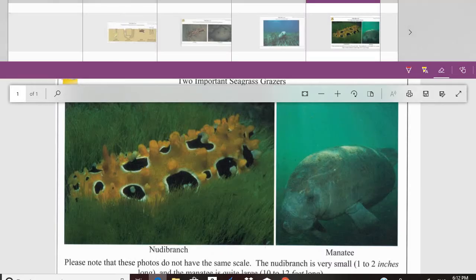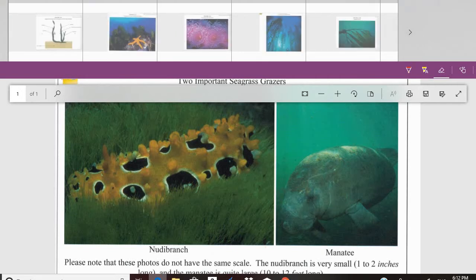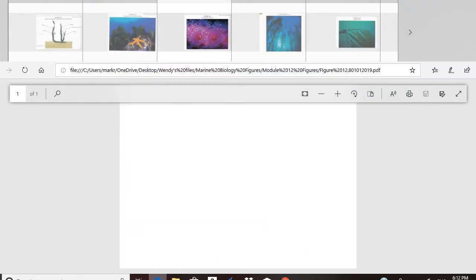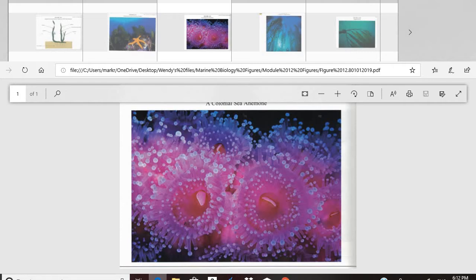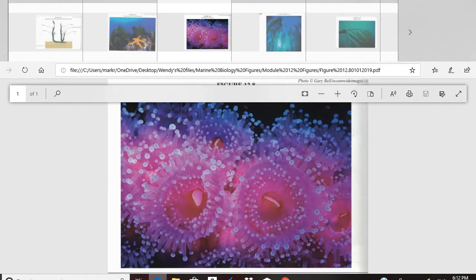Let's look at a picture here. So here is a colony of sea anemones, typically growing on a hard substrate, and they tend to live in colonies.